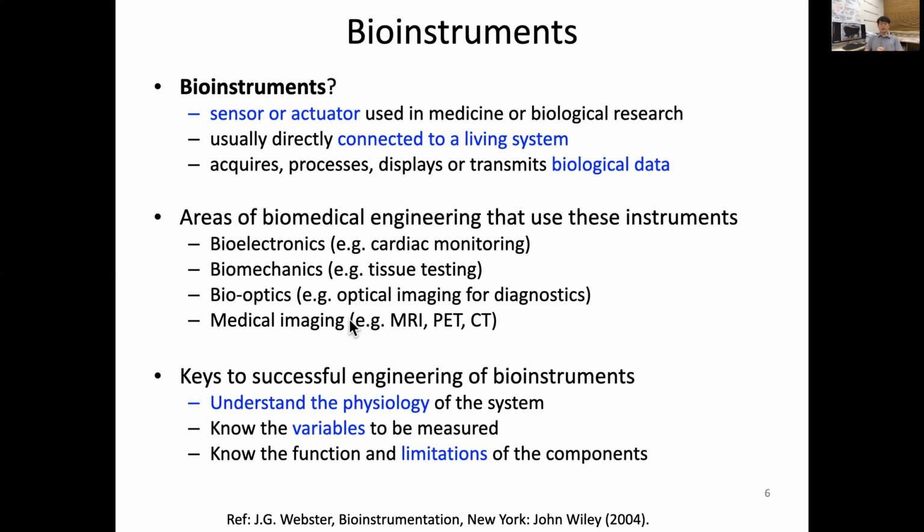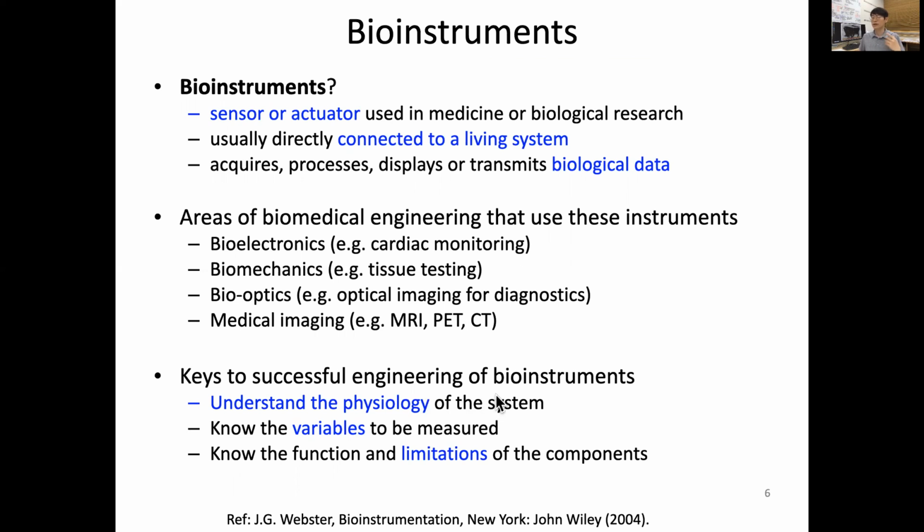The keys to successful engineering of bioinstruments are, first, we need to understand the physiology of the biological system, or the patient, and the pathophysiology, the physiology of the diseased organs or function of the system.